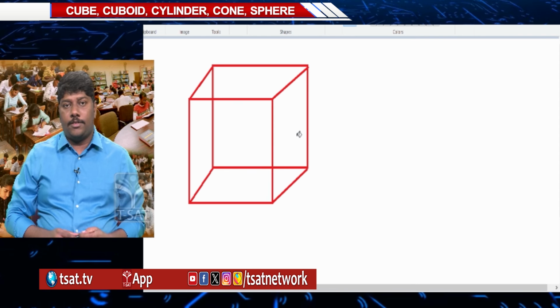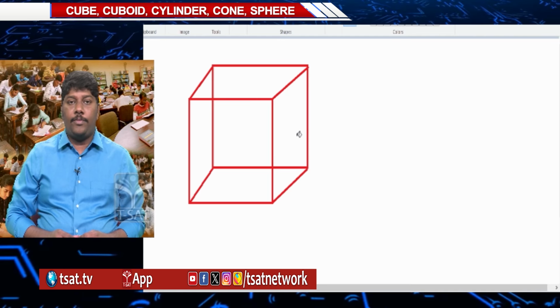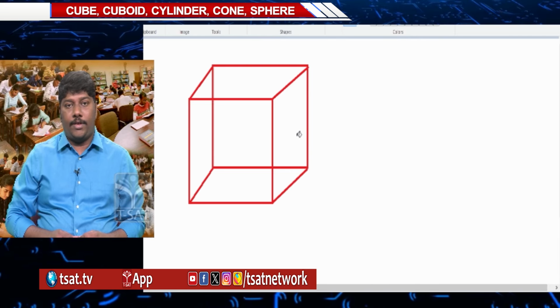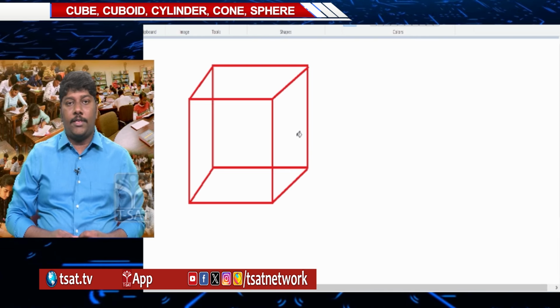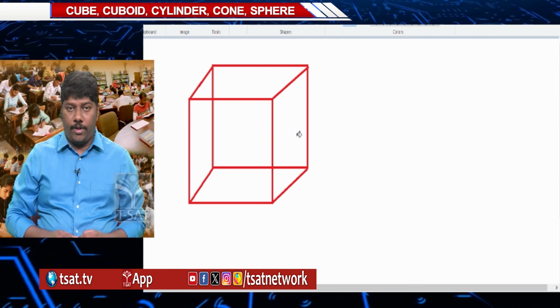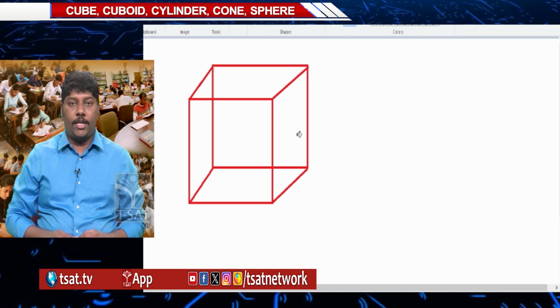You can imagine, suppose you are sitting in a room and watching this video, that the room is a cube. But the condition is that all the surfaces, all the walls including the ceiling and the floor, must be in the shape of a square, all of them equal. Then you are sitting in a cube.